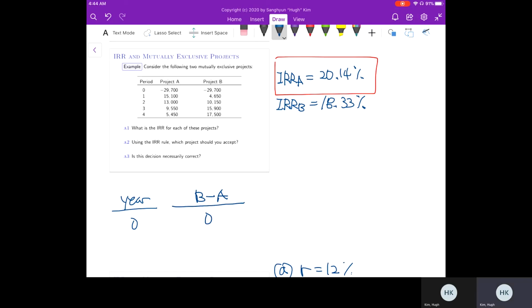And in year 1, the difference in cash flows is 4,650 minus 15,100. If you compute this, it will be negative 10,450.